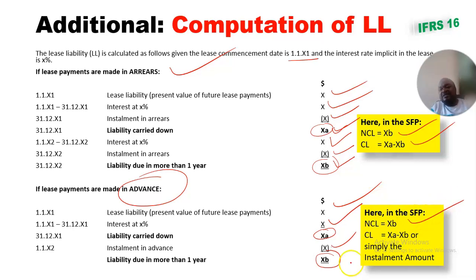But for the current liability, you will do the same thing: the closing was the balance which was there yesterday before we pay the installment, versus the balance after paying the installment. So in essence, the current liability in an advance situation is actually the annual installment. The annual installment is our current liability.